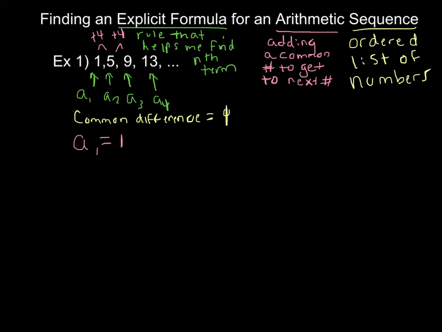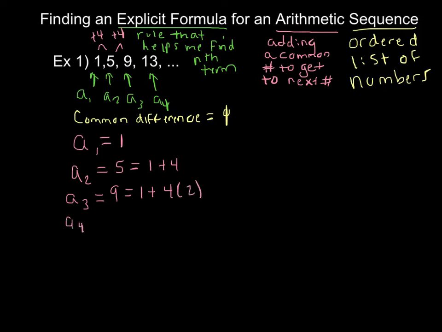So my first term is a 1. My second term I know is a 5, but I'm going to write it as my 1 plus my common difference. My third term, yes, it's a 9, but I could also view it as my 1 plus a 4 plus a 4, right? If I start at 1, I have to add 2 4s. So I can view it as 1 plus 4 times 2.